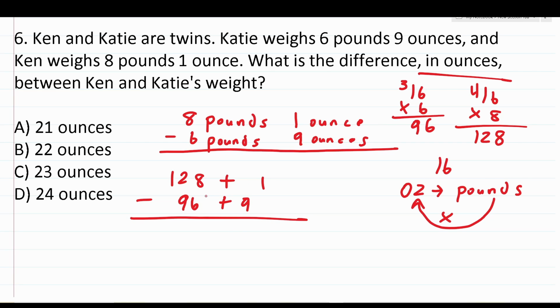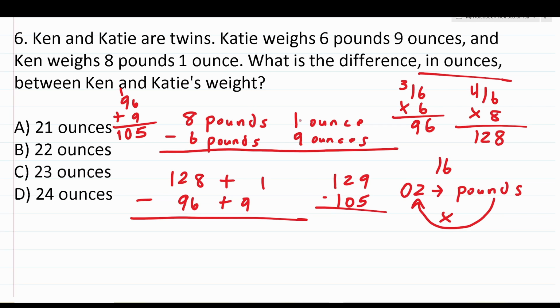All right, let's just add these together. This is 129 and 96 plus 9. If you can't do that in your head, you could always do it off to the side. We have 96 plus 9. 6 plus 9 is 15, so drop down a 5, carry a 1. 9 plus 1 is 10, so this is 105.